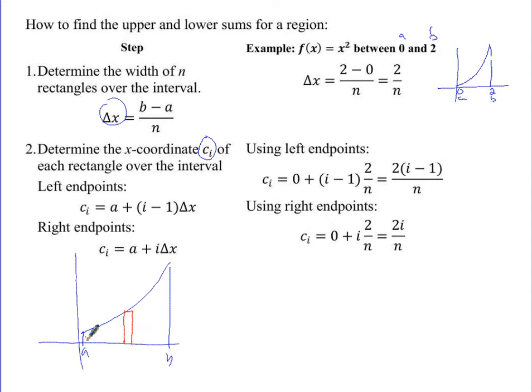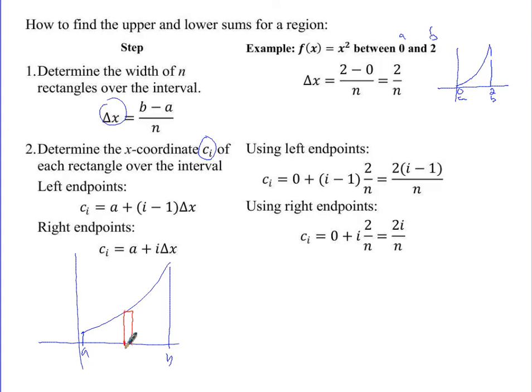We have passed how many rectangles before this one? I minus 1. If this is the 10th rectangle, then how many rectangles have we passed? 9. So if this is the ith rectangle, then we've passed I minus 1 rectangles. Okay? All right. The x-coordinate of this, because of the fact that I'm using my left endpoints here, I need this x-coordinate right here.